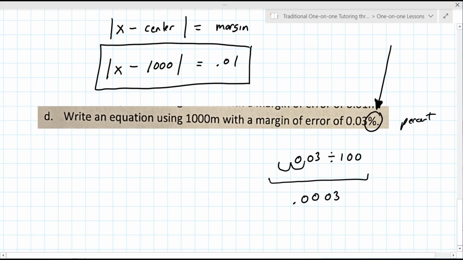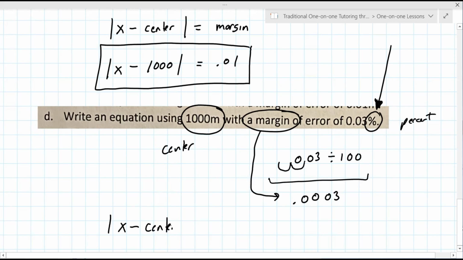We're gonna emphasize something else in this problem. The margin though, the margin is this number down here. And this is your center. So it's always x minus the center equals the margin.